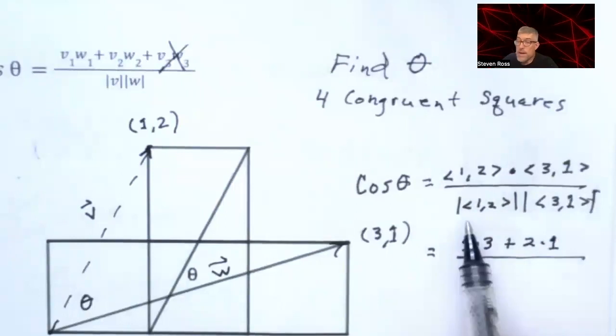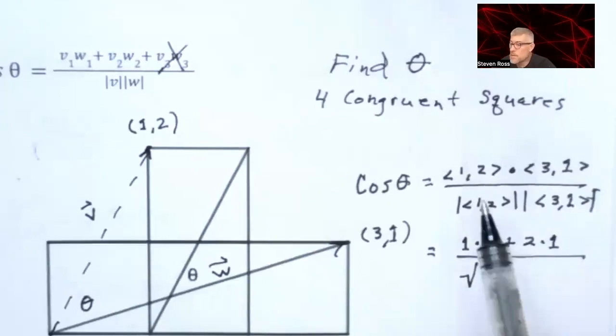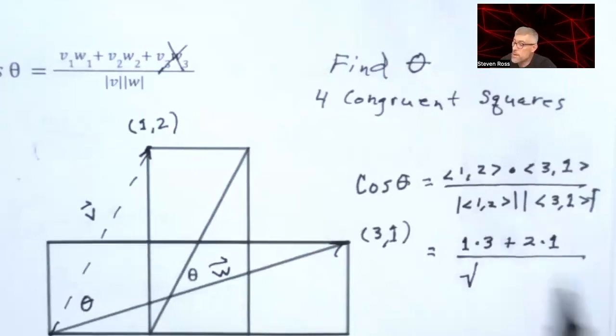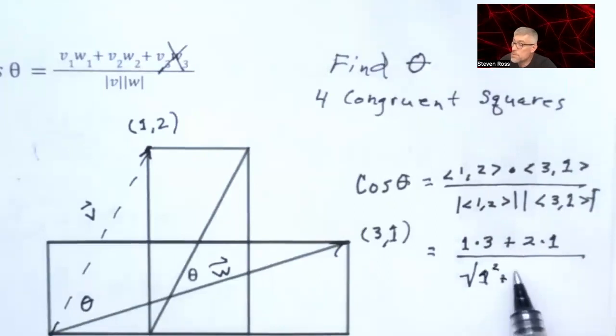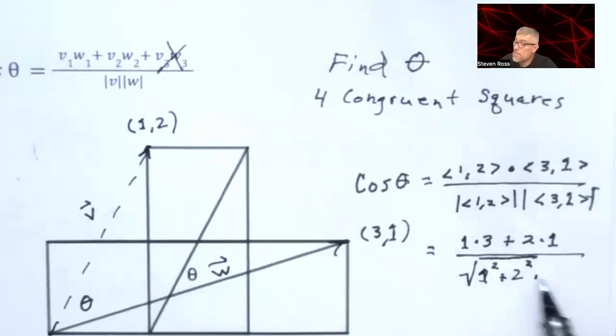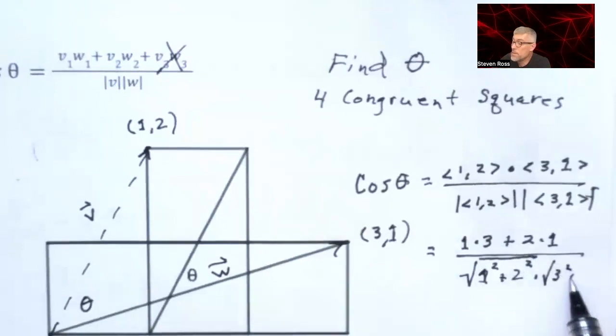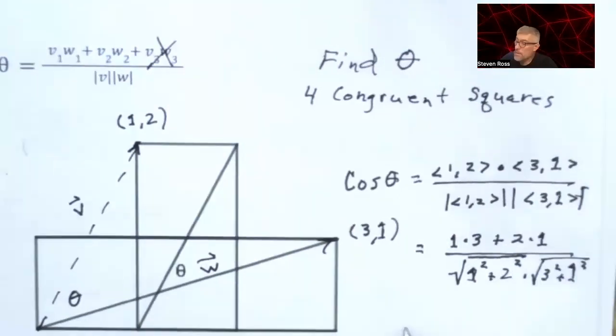And divided by. Now dividing by, I'm going to basically do the Pythagorean formula, but it's going to be the square root of 1 squared plus 2 squared, times the square root of 3 squared plus 1 squared. And that's going to be equal to 3 plus 2, 5.